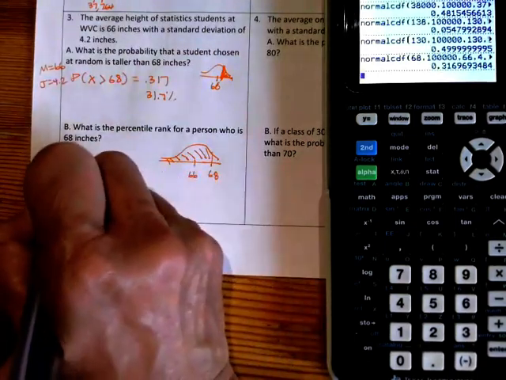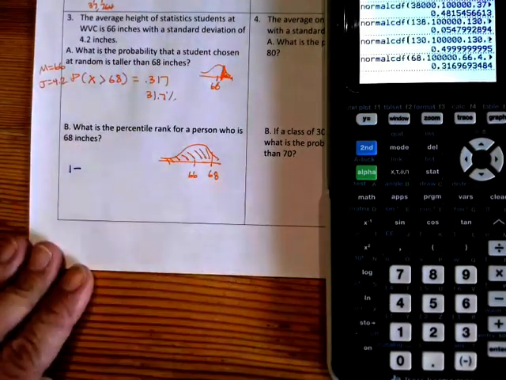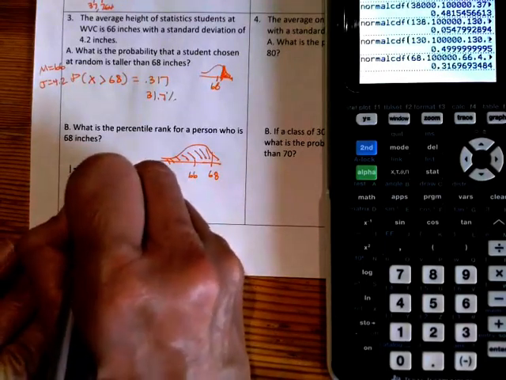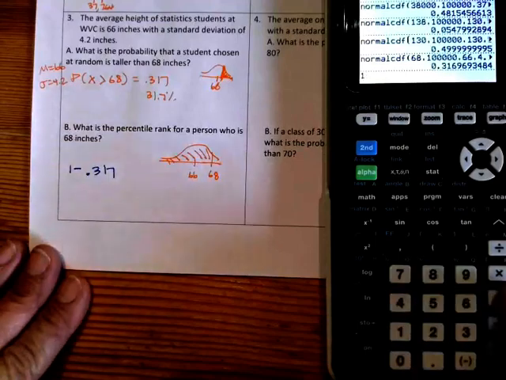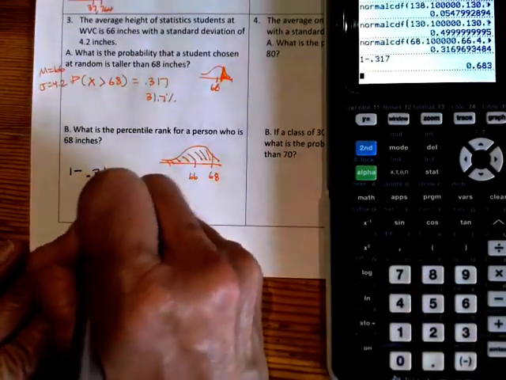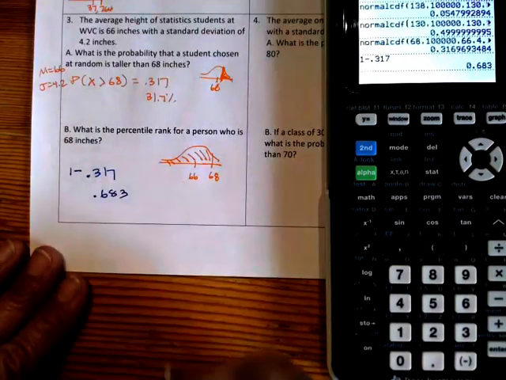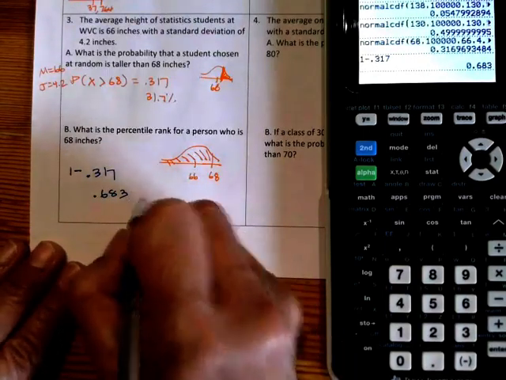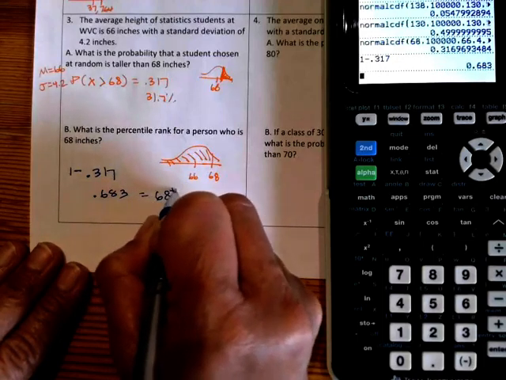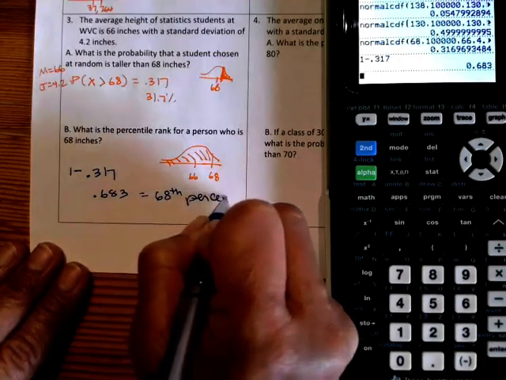The percentile rank is the same as the amount of the area that's there. So if I do 1 minus 0.317, that tells me the percentile rank of that height. A person who would be 68 inches tall would be in the 68th percentile.